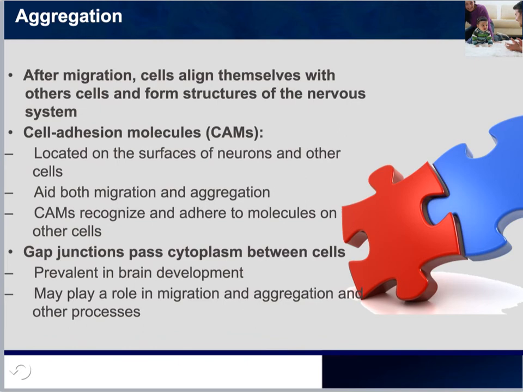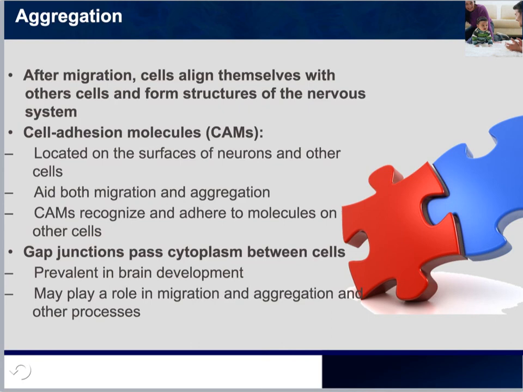Once the developing neurons have reached their location, they have to align themselves with other developing neurons that also migrated to the same place. This would eventually give way to forming the structures of the nervous system, and this is what we call aggregation. The elimination of just one of these molecules that would allow for the aggregation can actually bring about a devastating effect on brain development.